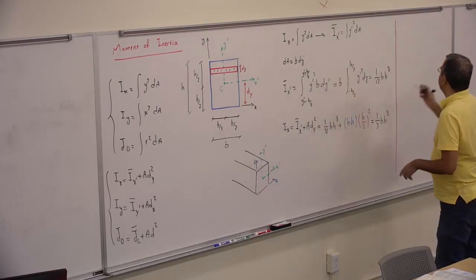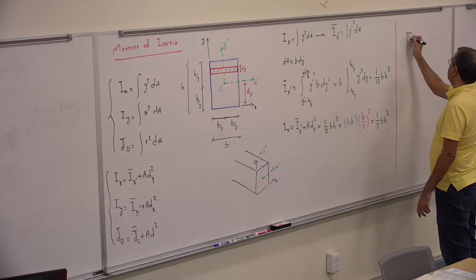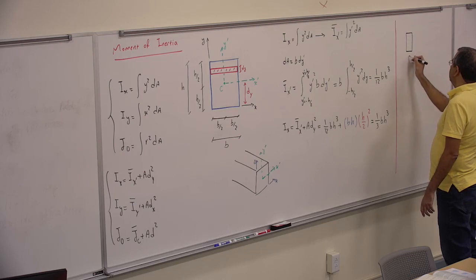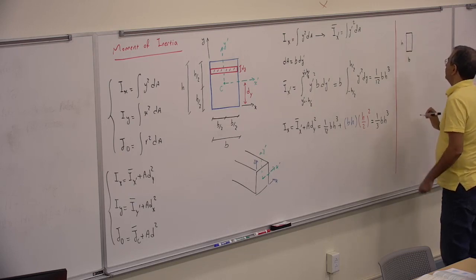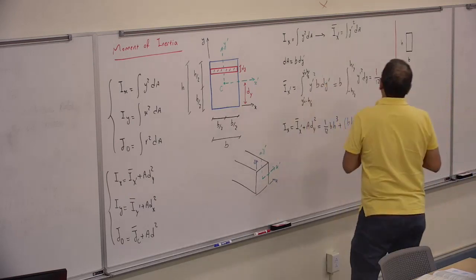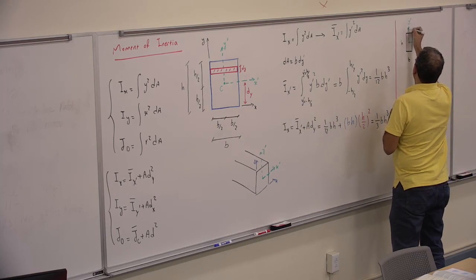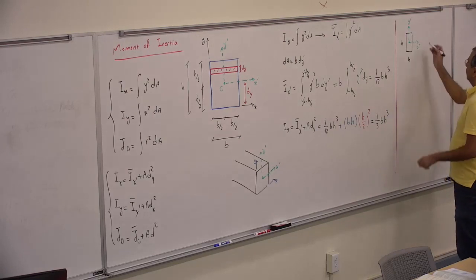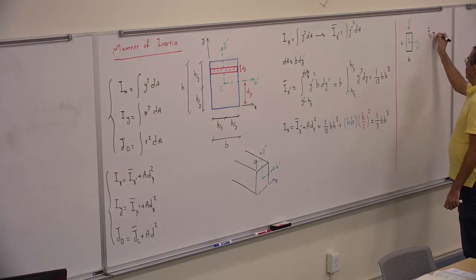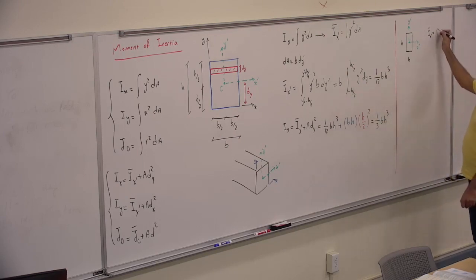For the rectangle cross section with B and H, and for the axes passing through its center, x prime, y prime, the I about x prime is 1/12 of BH cubed, and the I about y prime is 1/12 of H B cubed.